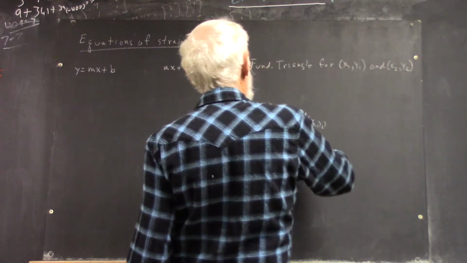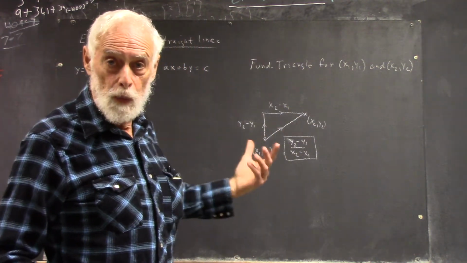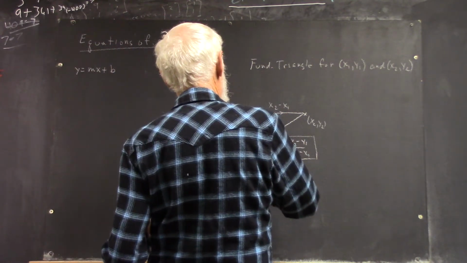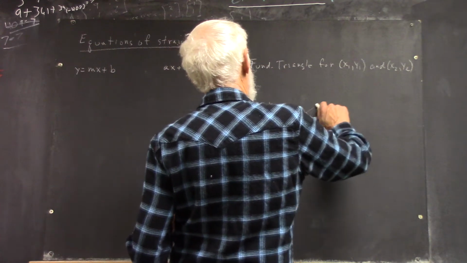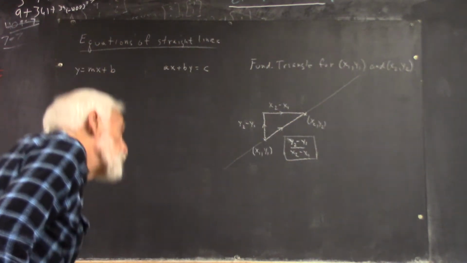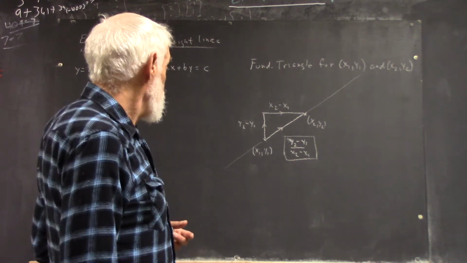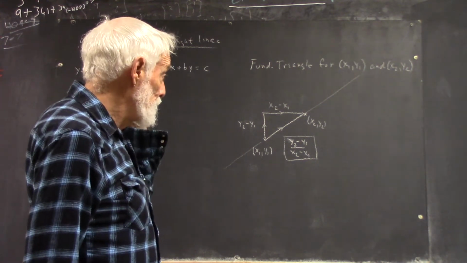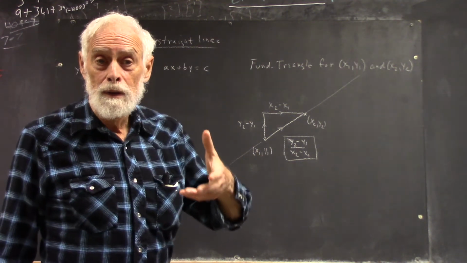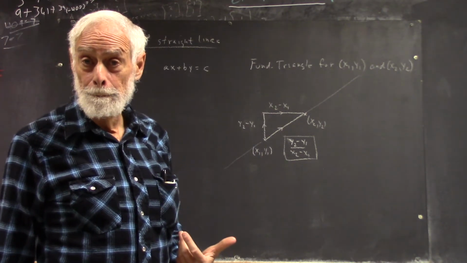Now, a straight line through x1, y1, and x2, y2 looks like this. We want to know what the condition is for point x, y to be on the line.